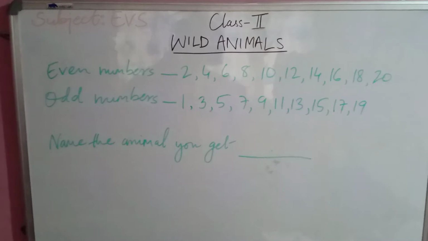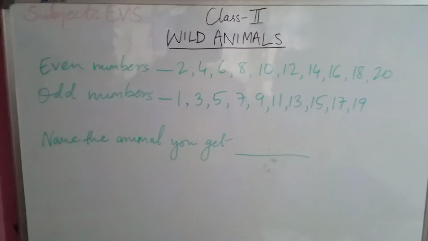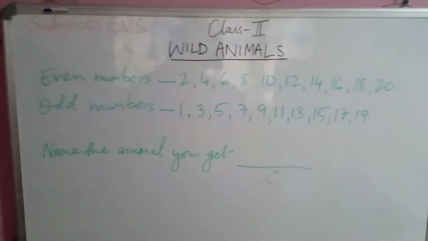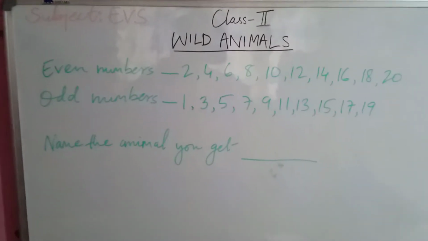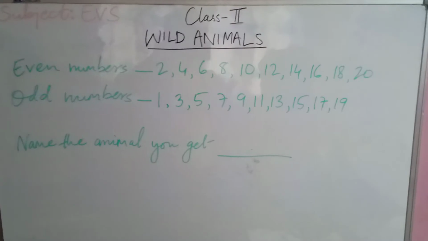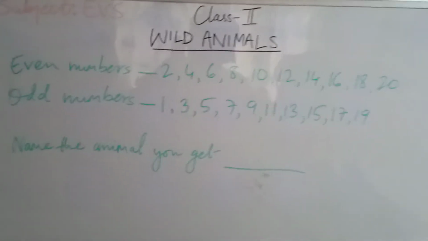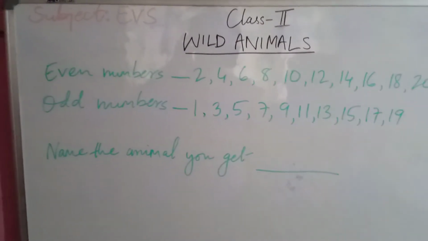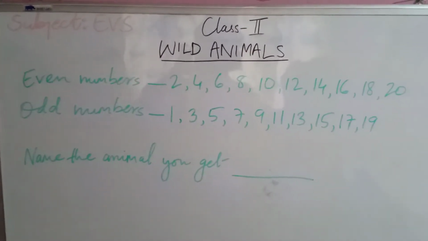You have to find these even numbers in the picture and color that portion only. You can't color on these odd numbers. You have to color these even numbers only.